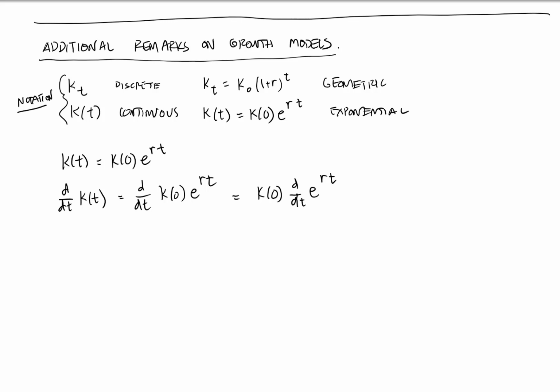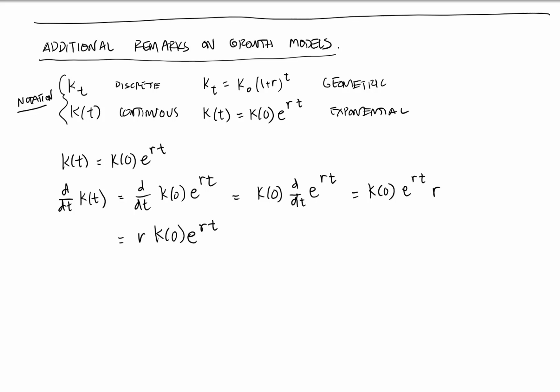We know how to take the derivative of an exponential function. This derivative is going to be k0 e to the rt times r. Let me rewrite that one more time. So the change in k of t, d/dt k of t, is going to be, I'm going to write it slightly differently, r times k0 e to the rt.